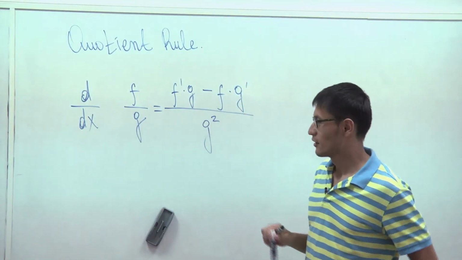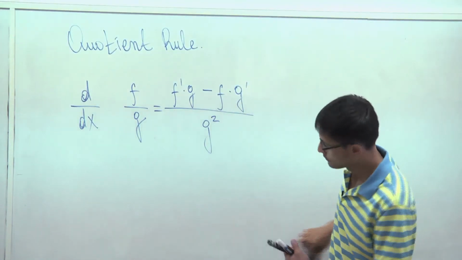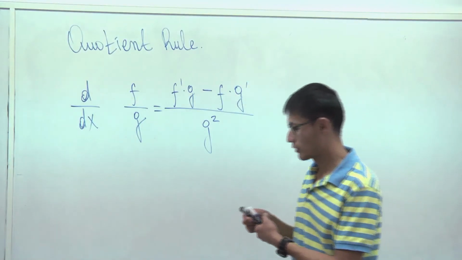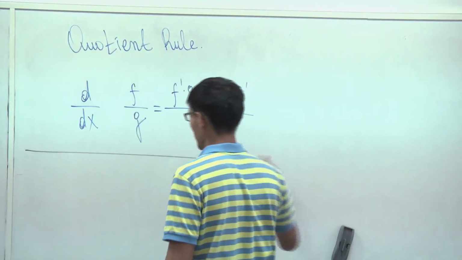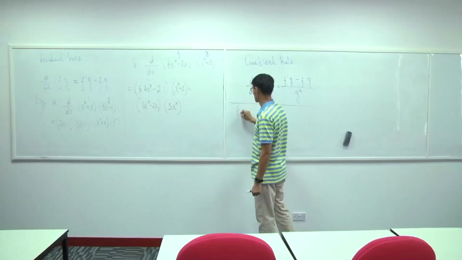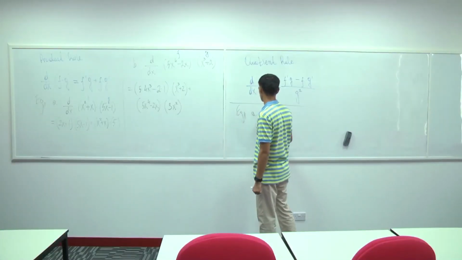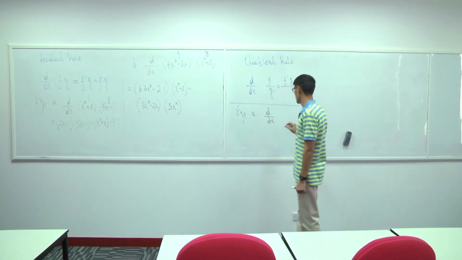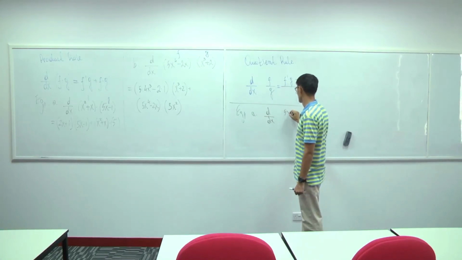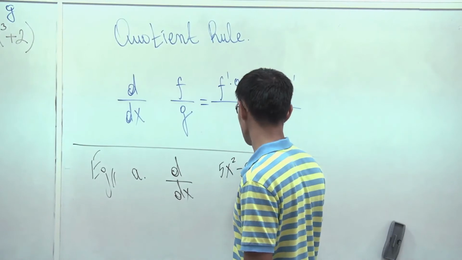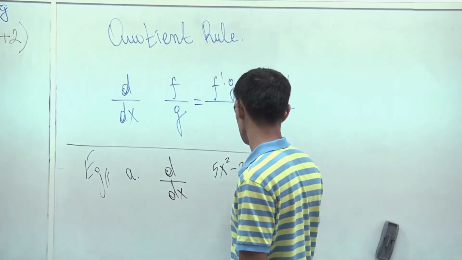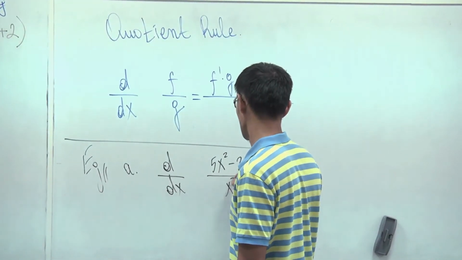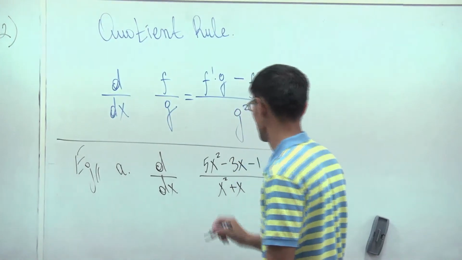Okay, so they kind of look similar to each other, the quotient rule and the product rule. Let's do a couple examples. So suppose you want to take the derivative of 5x squared minus 3x minus 1 divided by x squared plus x.